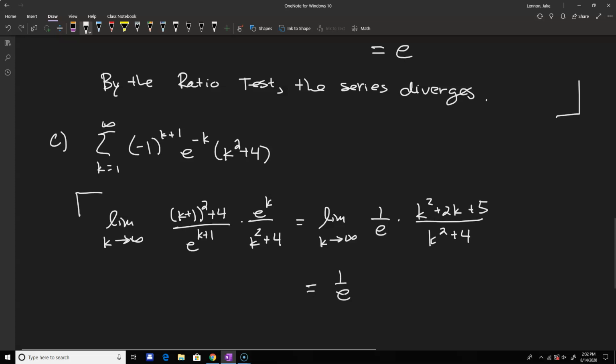We know that's 1 divided by about 2.718, so that's less than 1. So we know the series converges absolutely by the ratio test. The series converges absolutely.